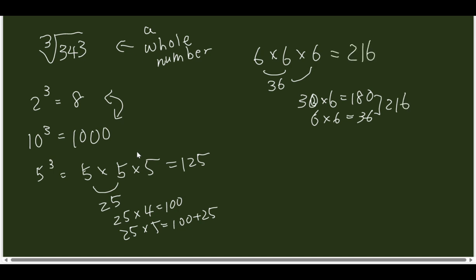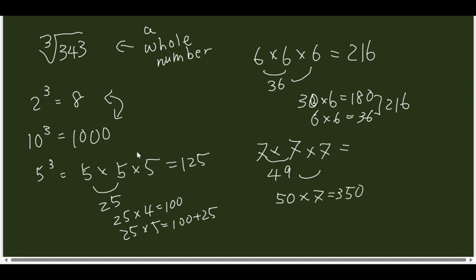Getting closer. And then the students finally shouted, it should be 7, because it's so close. 7 times 7 times 7: 7 times 7 is 49. 49 times 7, how would you do it? 49 is just 1 smaller than 50. So let's do 50 times 7 first, which is 350.